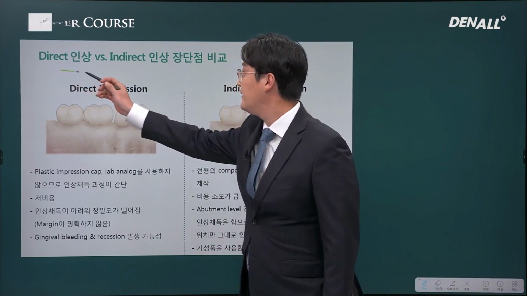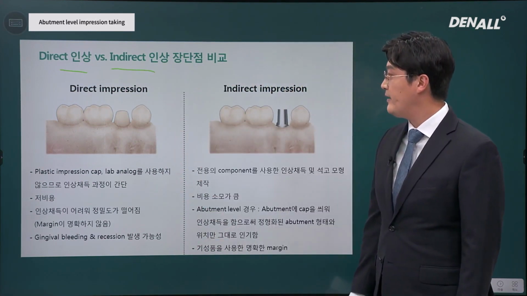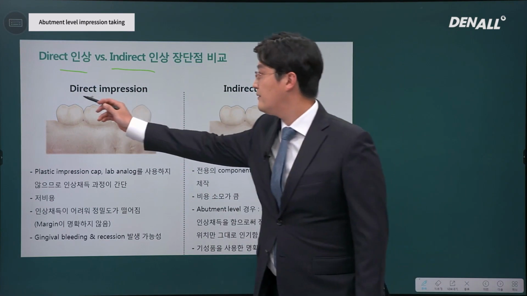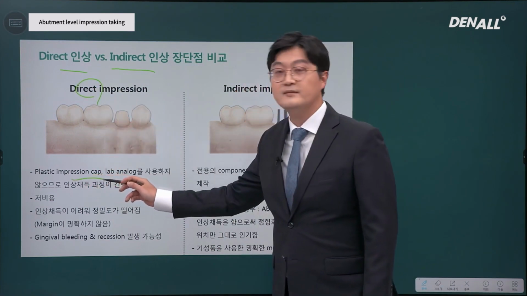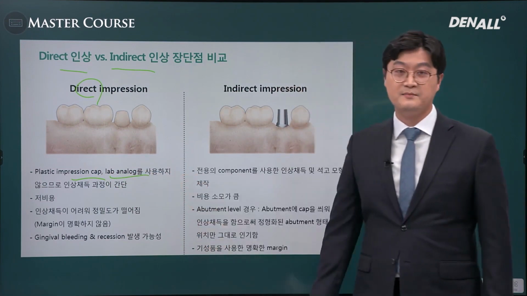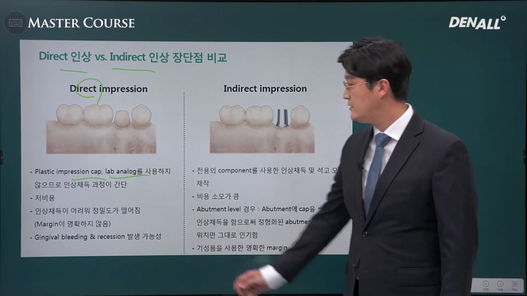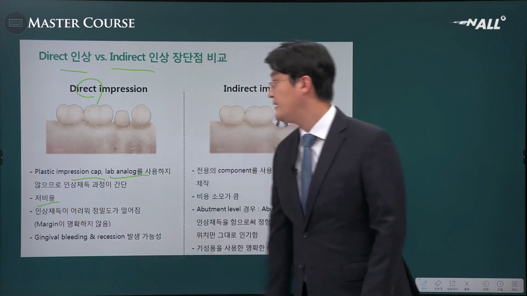Abutment level direct and indirect impression taking: advantages and disadvantages. Direct impression does not use a plastic impression cap or lab analogs. Therefore, impression taking is simple and the cost is lower.